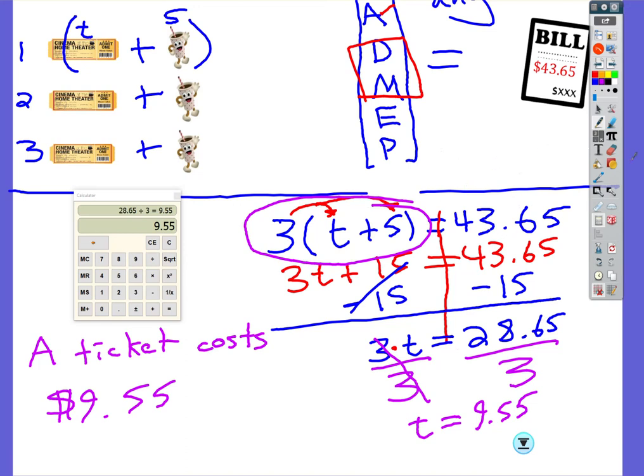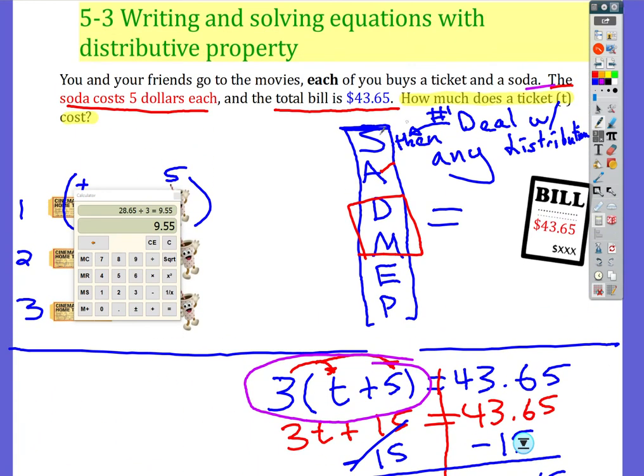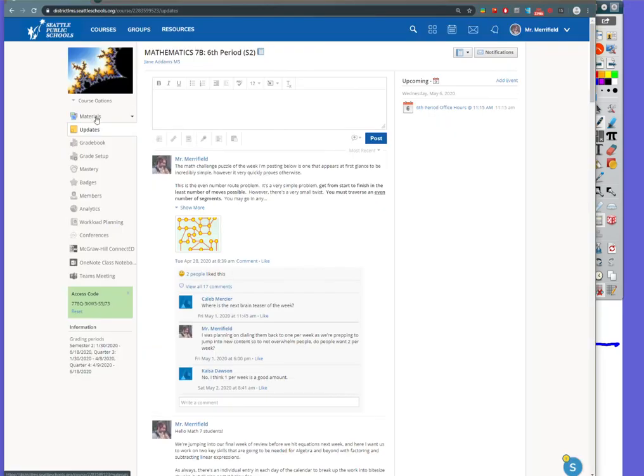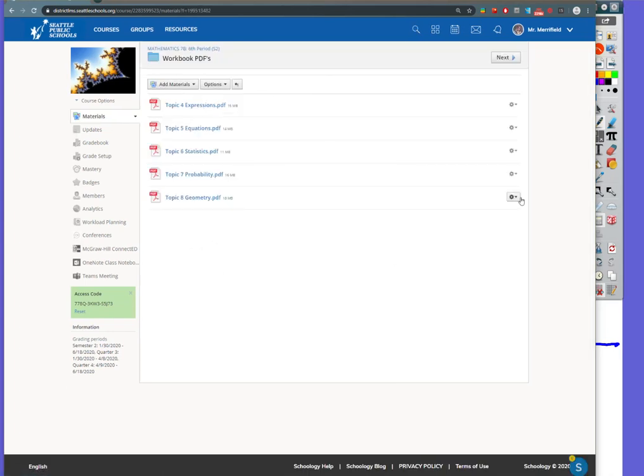One thing I want to give is just in case maybe this hadn't quite landed yet, which is totally okay. I'm posting some extra resources on the Schoology page. So what you can do is, again, I've referenced this to 5.3. If you go to my Schoology page and you hit this materials button here, what I've done is I posted PDFs of the workbook as well with extra examples. So this was topic 5 equations.